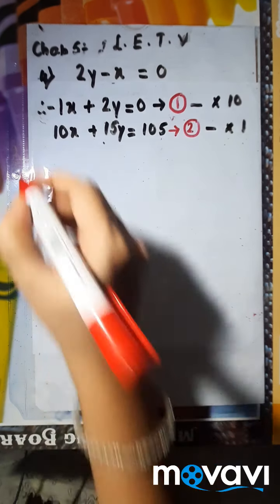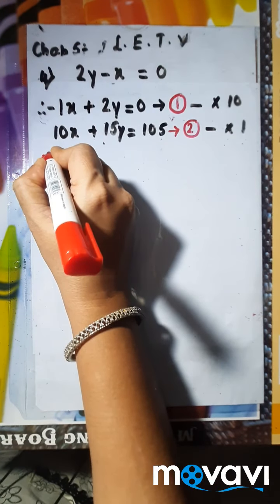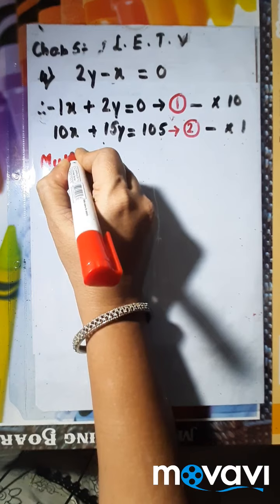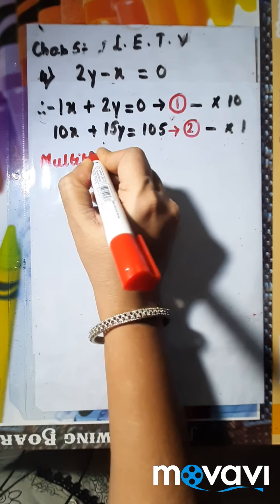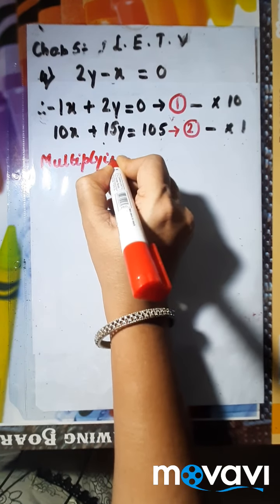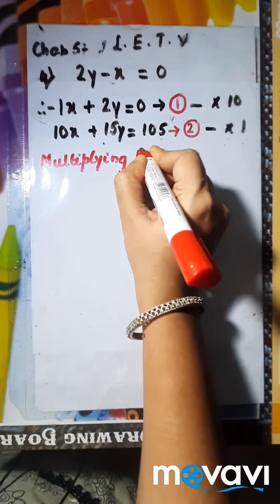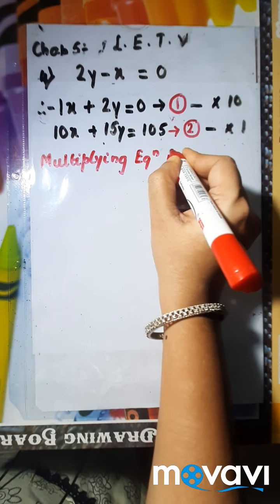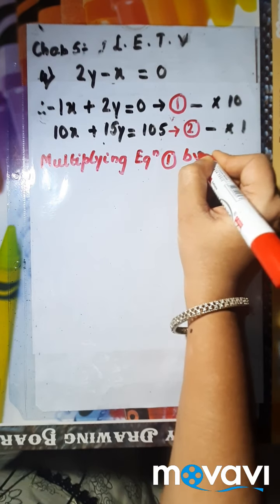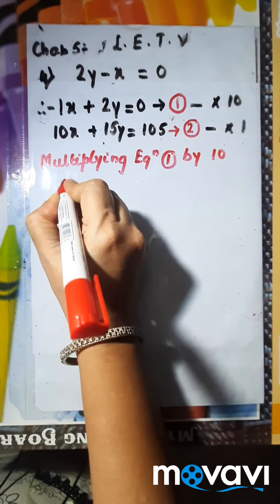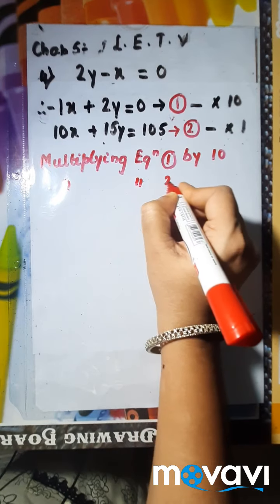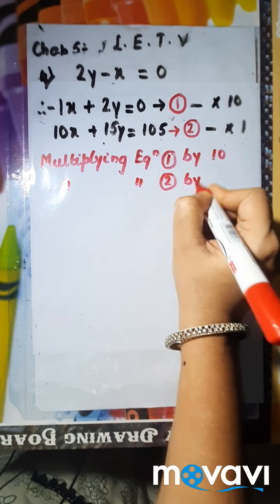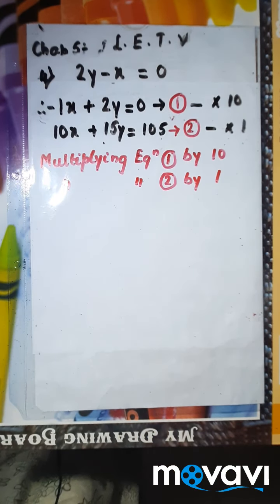So, I have to say multiplying equation 1 by 10 and multiplying equation 2 by 1. 1 means it doesn't make a difference, it does not change.